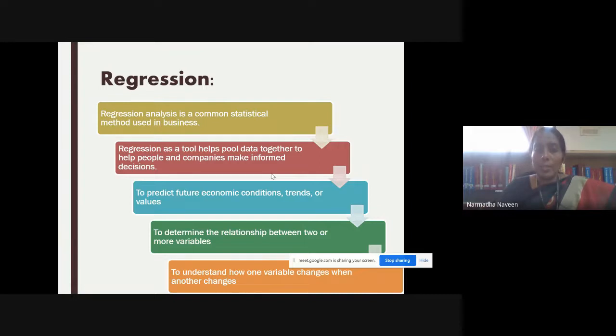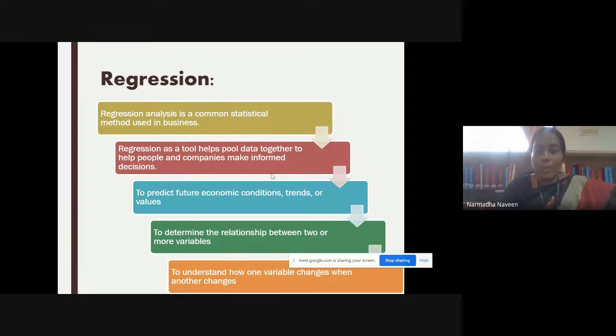This regression model also helps to assess the relationship between two or more variables. Generally we call them dependent variable and independent variable. This is a kind of model that helps to understand how the change in one variable will have an impact on the change in another variable.